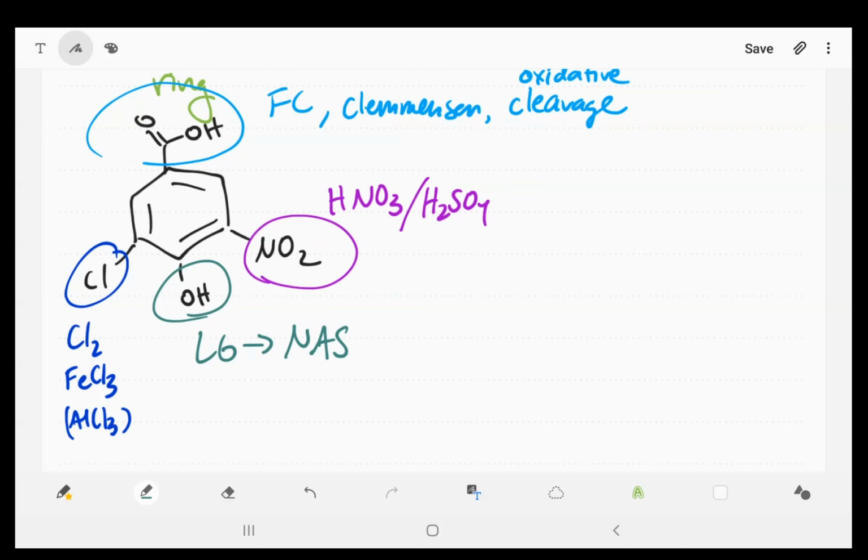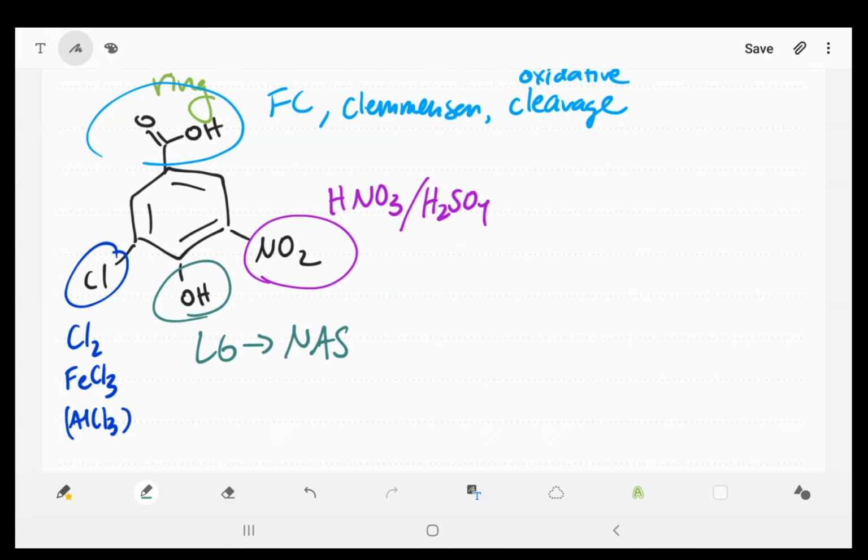Everything else here is electron withdrawing. They're all deactivators. Eric, you did have the right idea to do an activating group first. And so what we might do with that is do our Friedel-Crafts and Clemmensen. So just have it as a methyl group or an ethyl group or something, where we have some sort of electron donating group in there. And then we can start messing with things.